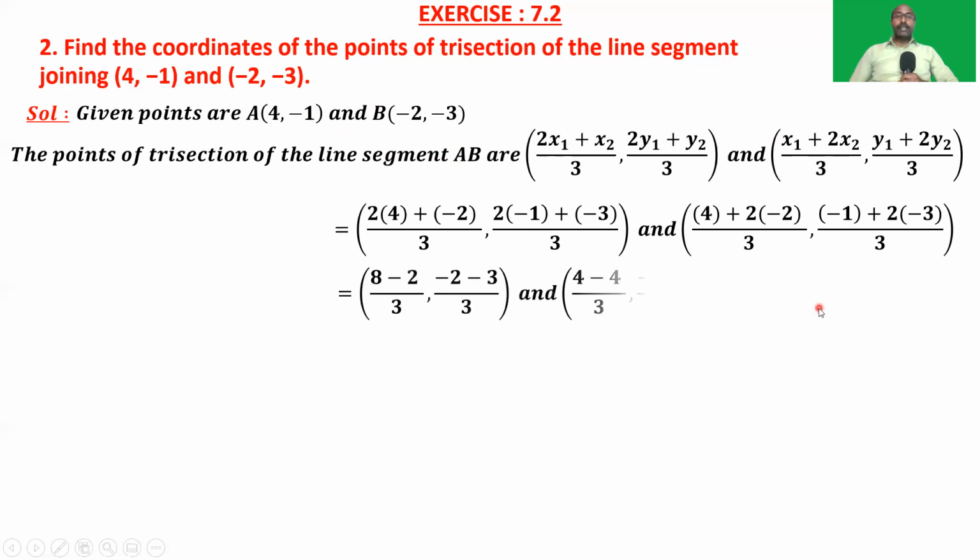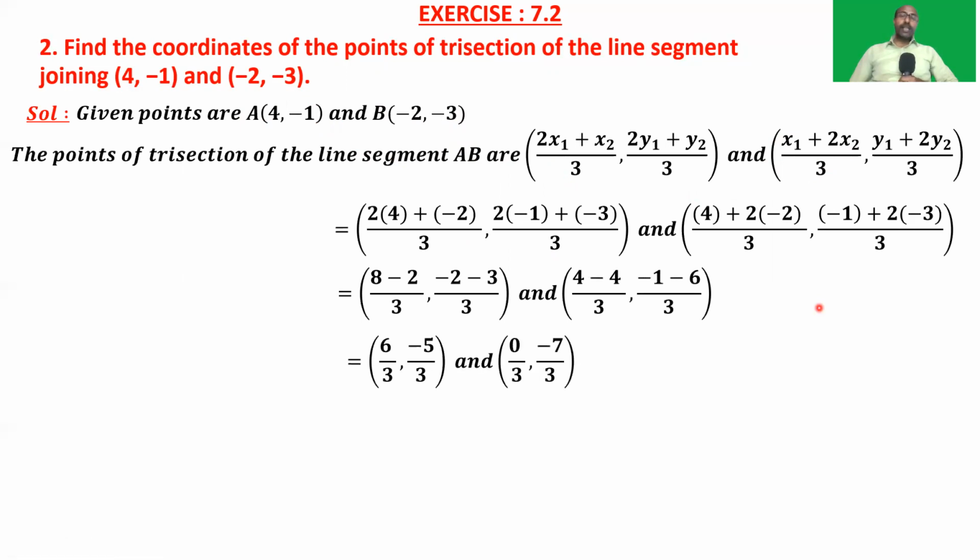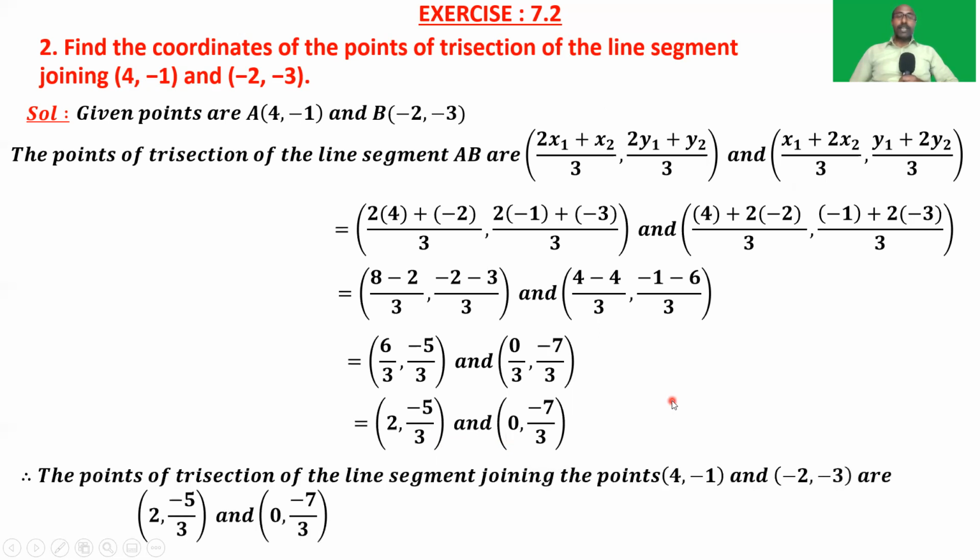By simplifying this, we get 6 by 3 comma -5 by 3 and 0 by 3 comma -7 by 3. That is 2 comma -5 by 3 and 0 comma -7 by 3 are the points of trisection of the given line segment joining 4 comma -1 and -2 comma -3.